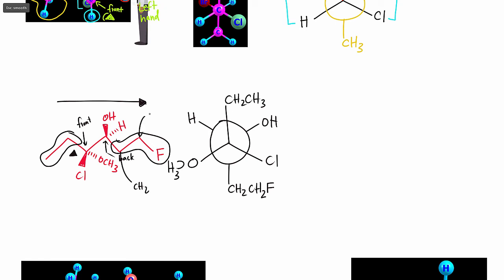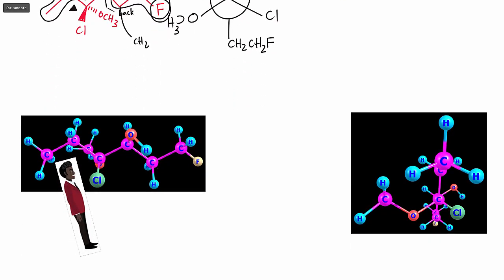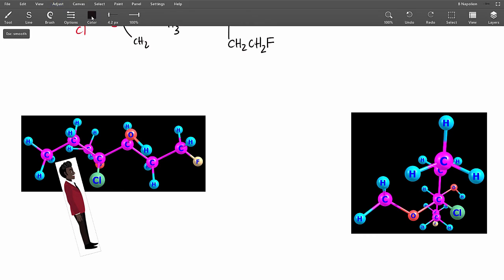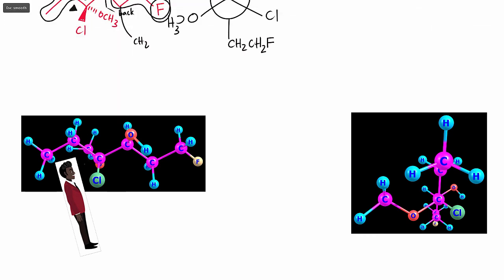This is another CH2. And bonded to that carbon is an F, not another hydrogen. Okay? Now, if we quickly look at the eyeball, this is exactly what you're seeing. See how he's looking in that direction?